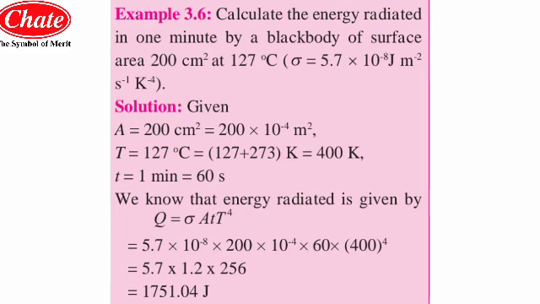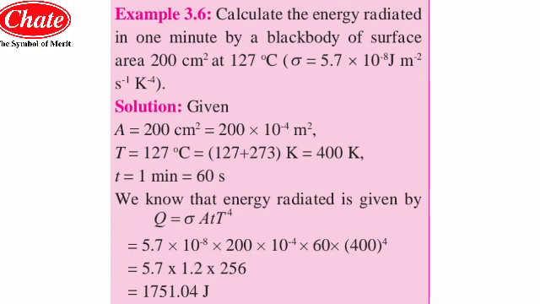Now we will first write the given terms one by one. The area they have given is 200 centimeter square. We convert this centimeter square into meter square by multiplying with 10 to the power of minus 4, so we get 200 into 10 to the power of minus 4 meter square.